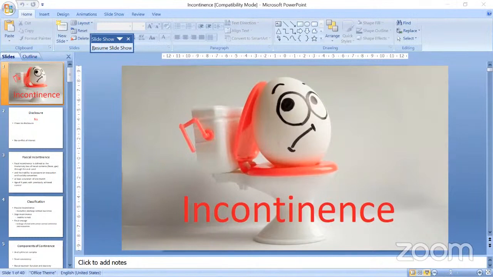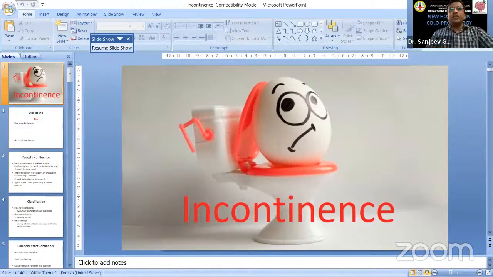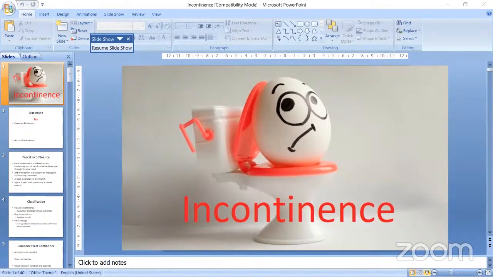Sir, if you could please start the slideshow, sir. I've started already, so you'll have to change the mode, sir. Something has to be changed. One second, sir.